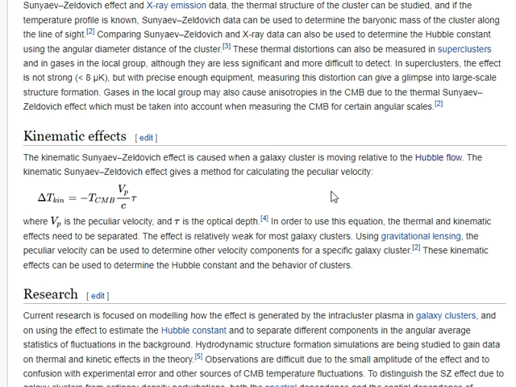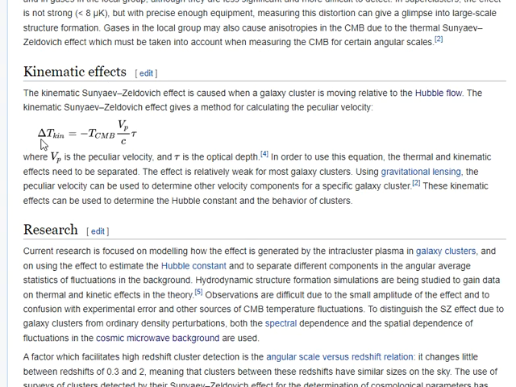If you have a non-zero kinematic Sunyaev-Zeldovich effect, that means that treating this galaxy as though it is a member of the Hubble flow is invalid. It's not a member of the Hubble flow. So if you are at all adding or subtracting this quantity to your calculation, you've already acknowledged that the galaxy that you're looking at is not part of the Hubble flow.